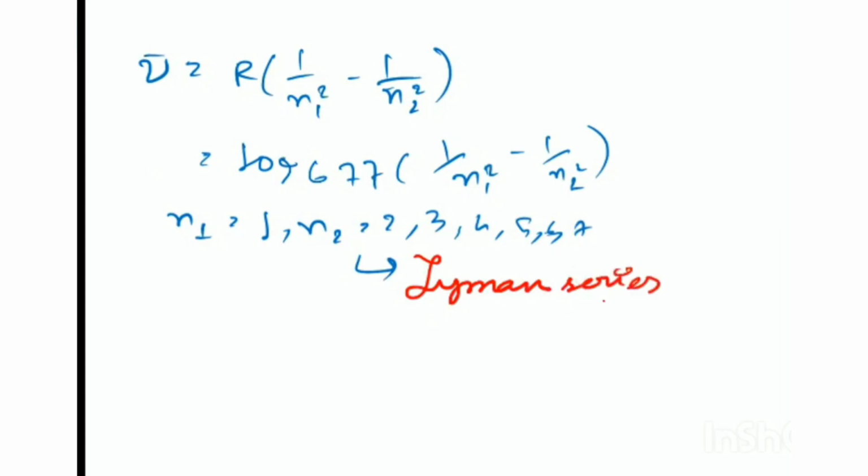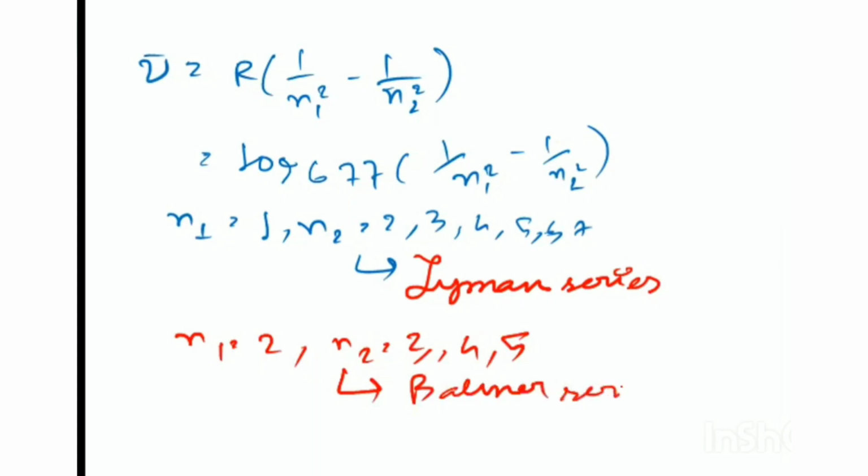These are spectral series of hydrogen. If n1 equal to 2 and n2 equal to anything from 3, 4, 5, then this is our Balmer series. It is our visible spectrum.